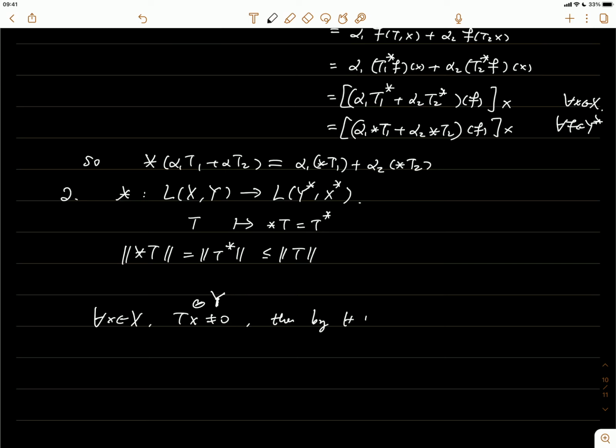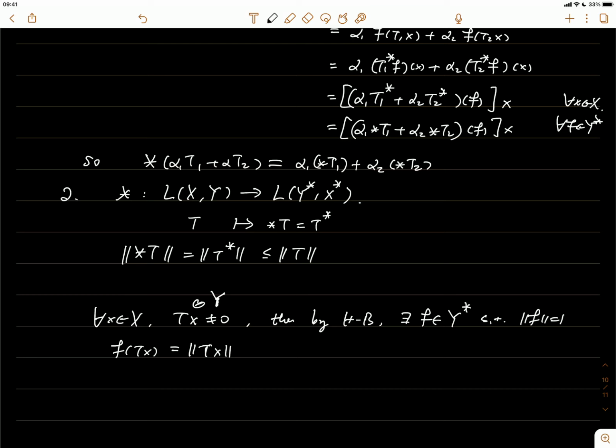the Hahn-Banach theorem, there exists some continuous linear mapping F such that the norm of F is equal to 1, right? And also I map the Tx, because F is in Y star and this thing is in Y, so this will be equal to the norm of Tx.